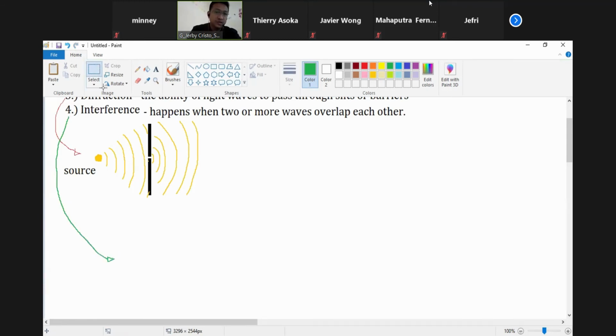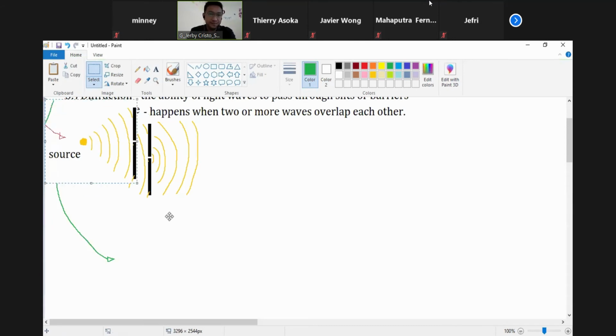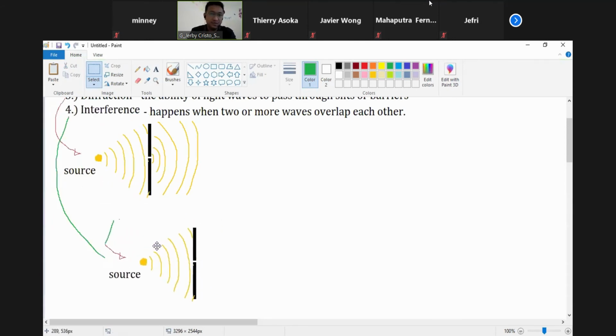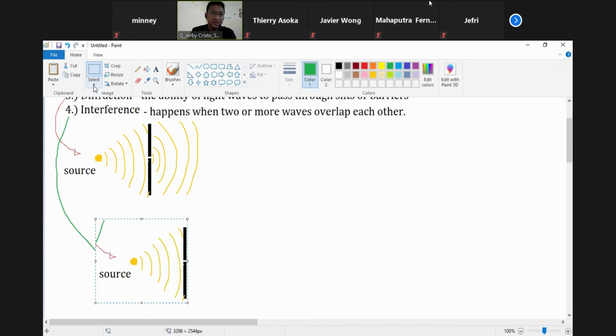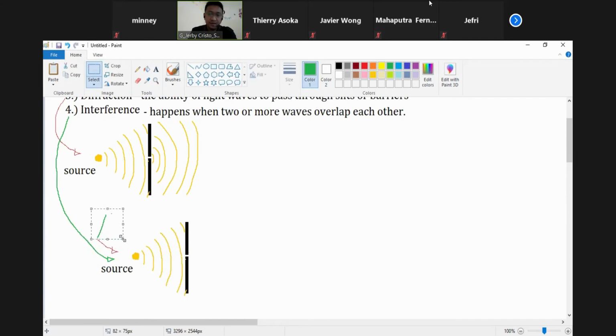Assuming we have the same source of light and the same barrier, we describe the waves from the source as wavefronts.